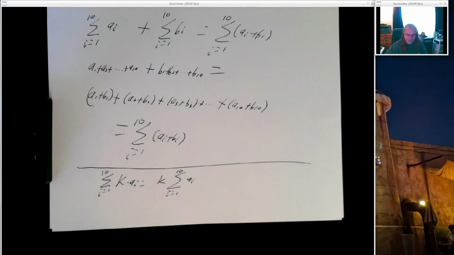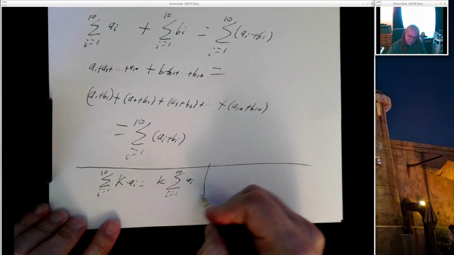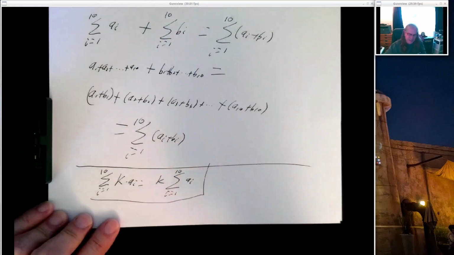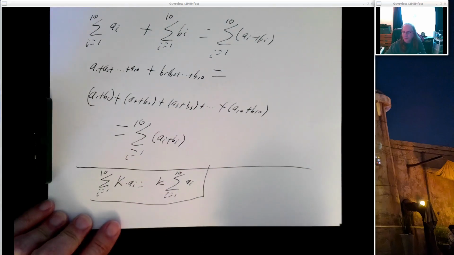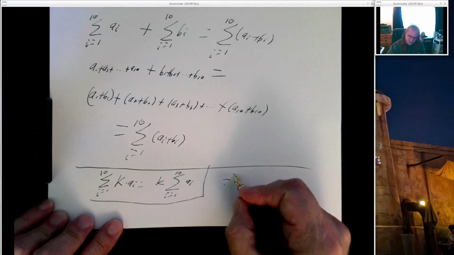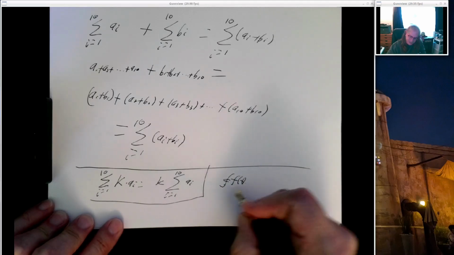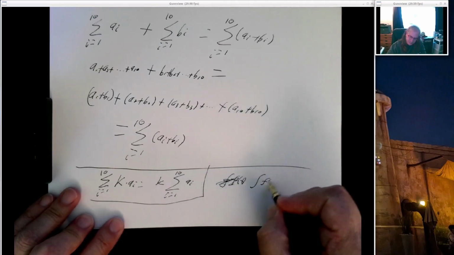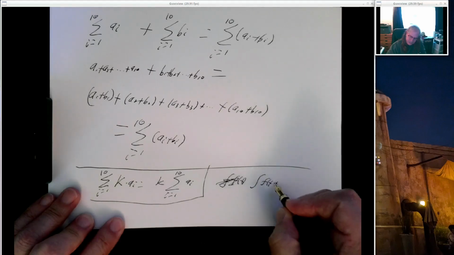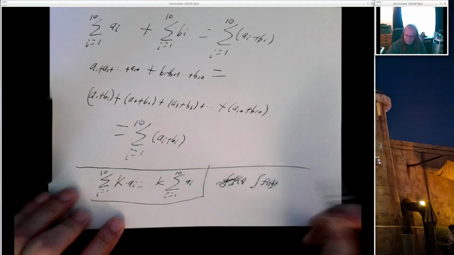And if these look familiar to you from calculus, that's good, because we have these same kinds of rules when we do calculus, right? The integral of f of x plus g of x, wow, I haven't written integrals in a while.